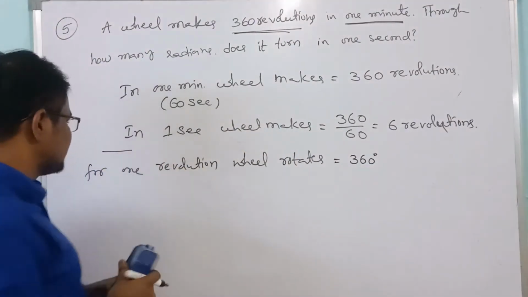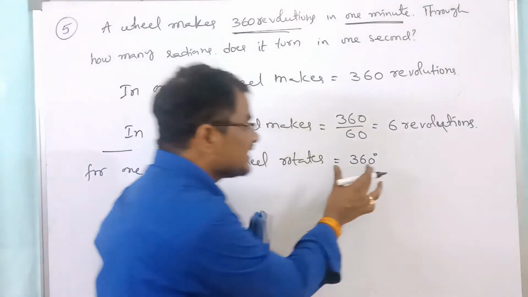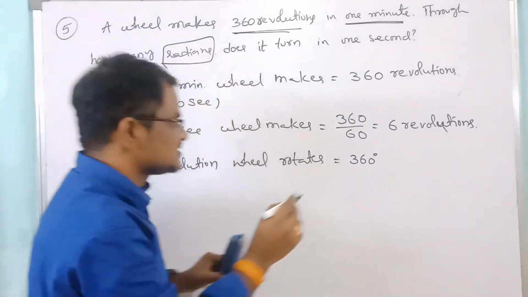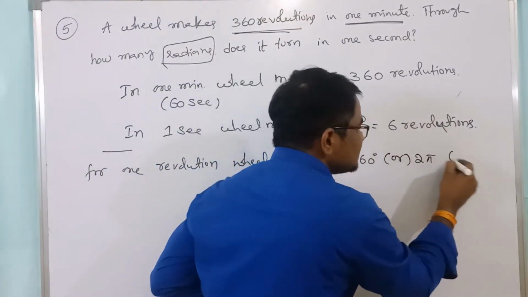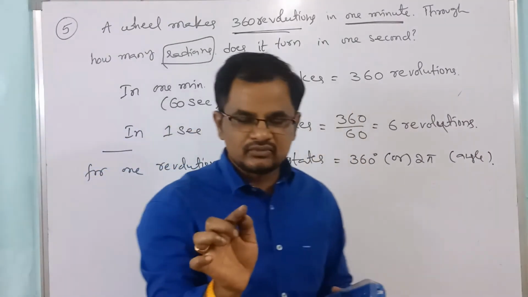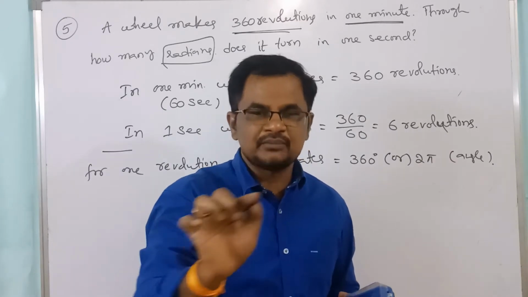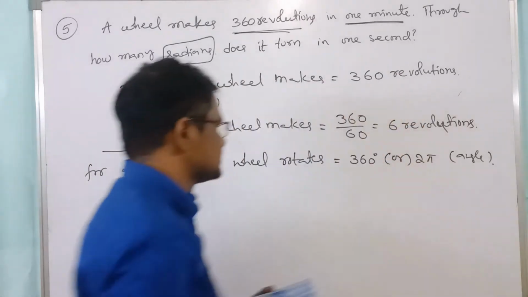No, listen carefully. In 1 revolution, the wheel rotates 360 degrees. But here the answer is asked in radians. So that's why I will take 2 pi. This is nothing but the angle. One revolution completed means 360 degrees, which means 2 pi radians.